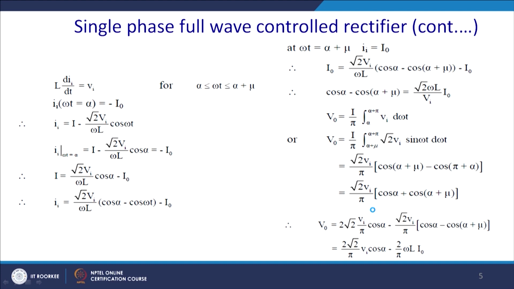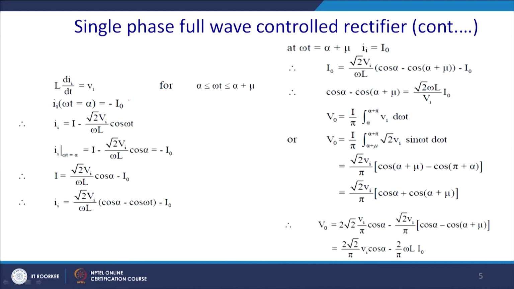So, we can write for the single phase, L dI/dt equal to V1, and again for I1 we have chosen a constant load current, so it should be equal to I0. So, we can find the input current I1 equal to I minus root 2 Vi cos omega t. From there we can find the input current will have this fashion.